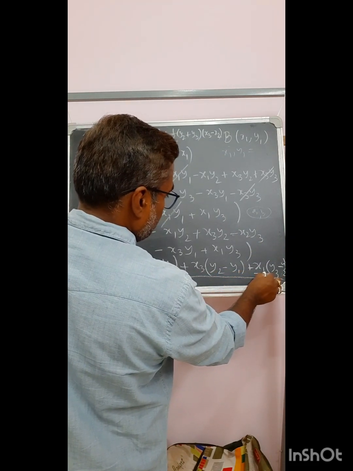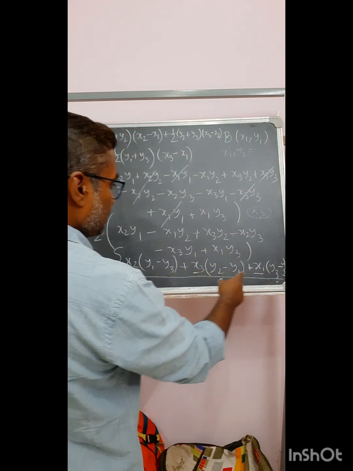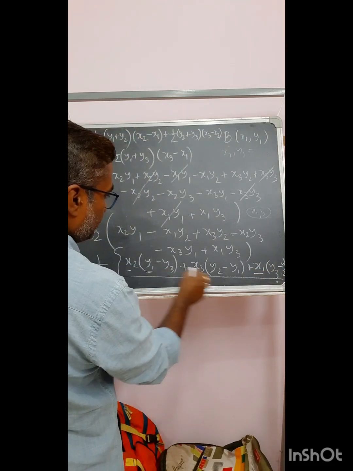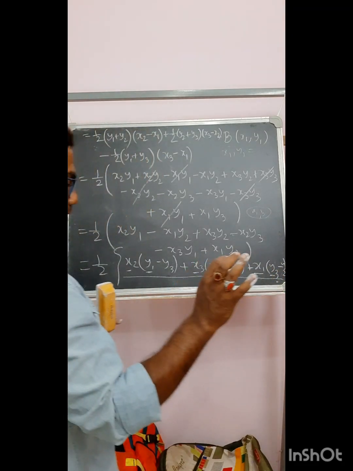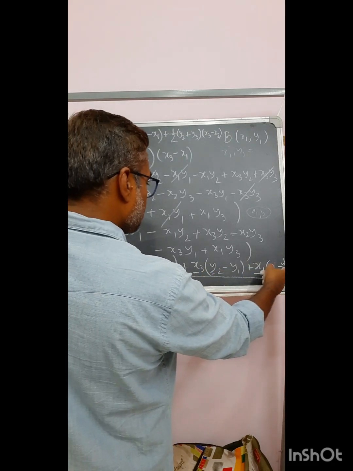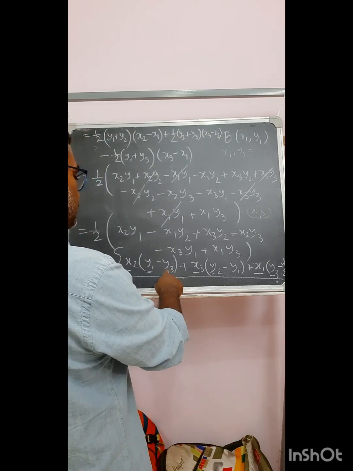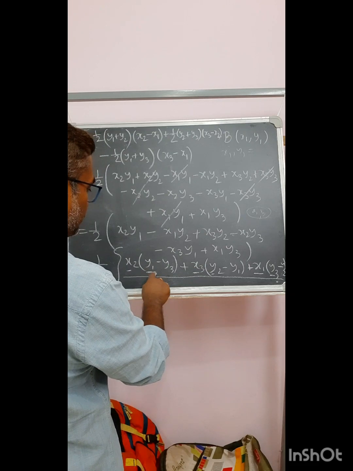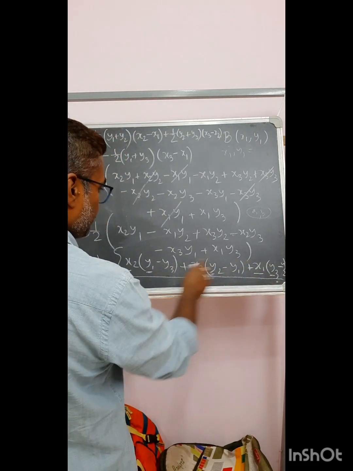X1, X2 and X3 will come outside, and whatever way you put, y1 once will come in the first position, y2 once will come in the first position, and y3 will come in the first position once only every time. The remaining thing will also come in one way where the minus sign with the same thing will come once. They will not be repeated, meaning y1 minus y2 and y1 minus y3 will not come. So this way you can remember.